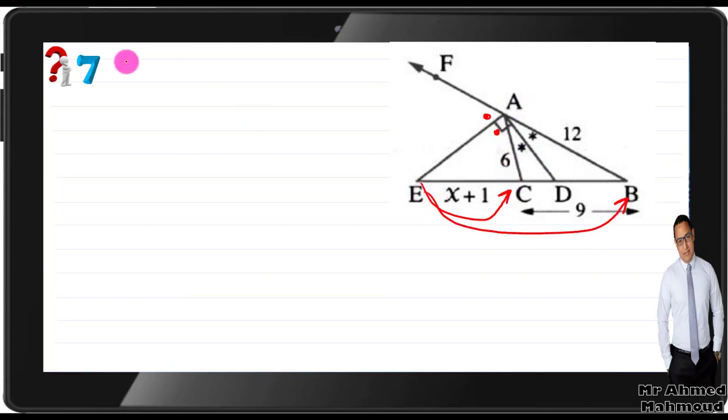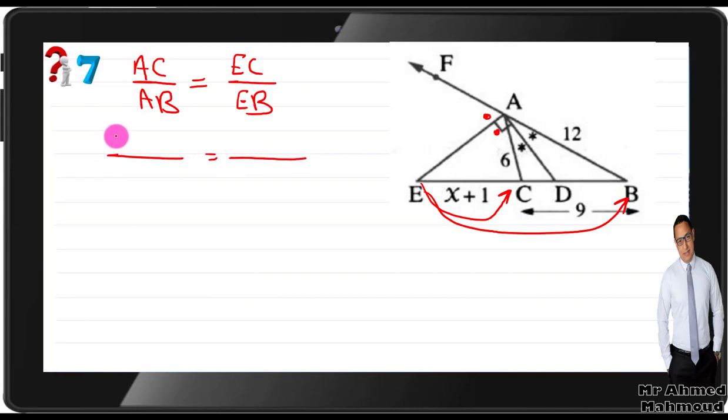Again, AC over AB equals EC over EB. Therefore, 6 over 12 equals X plus 1 over EB, which equals X plus 1 plus 9.